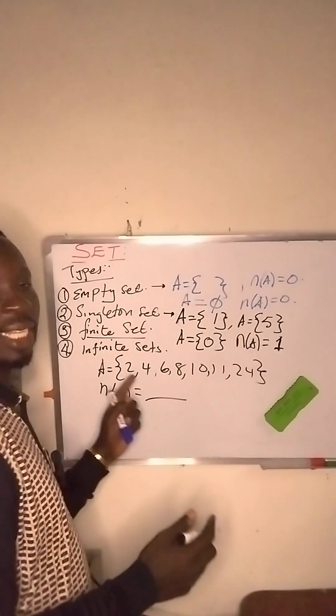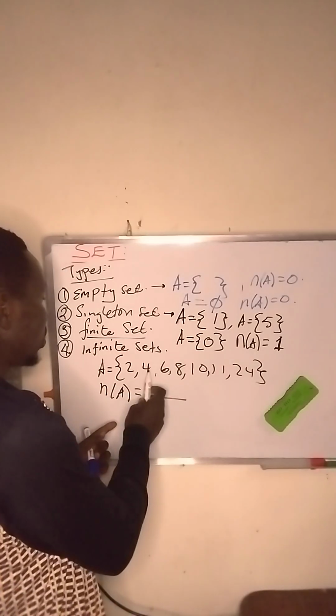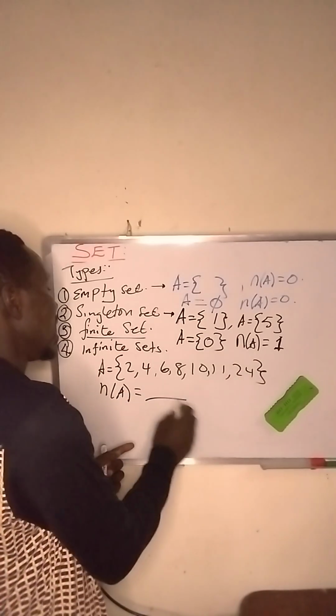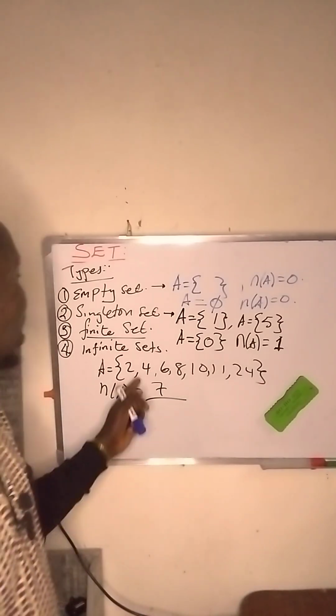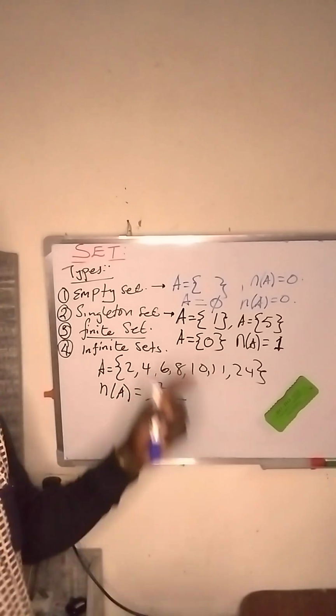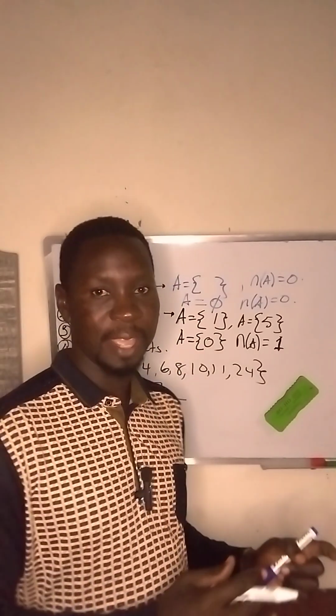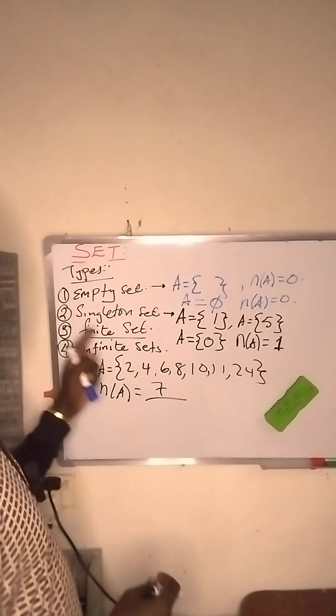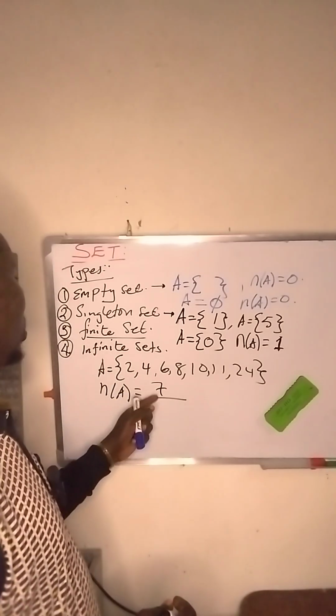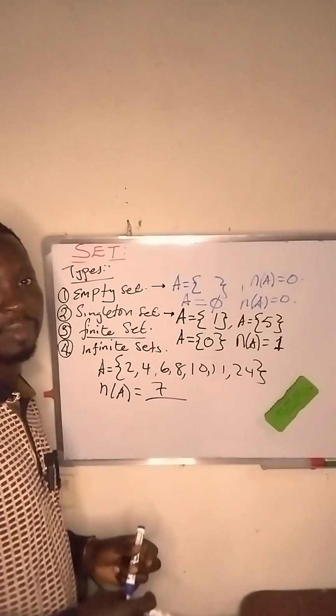For example, you can take all the members and count 1, 2, 3, 4, 5, 6, 7, and you say the elements within this set are 7. That is all about finite sets.